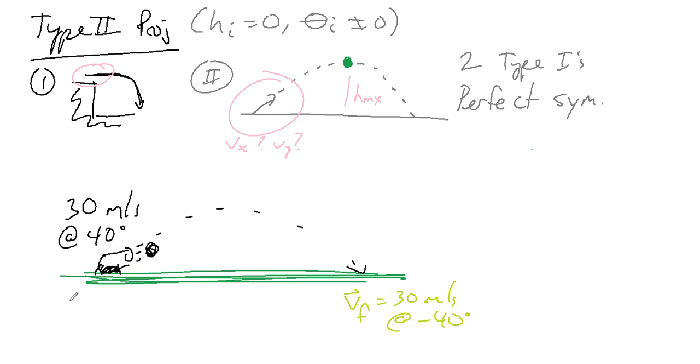The first thing I'm going to do is break apart my v's, because remember we want to keep x and y stuff separate. So I have to find the x component and the y component for my velocity.